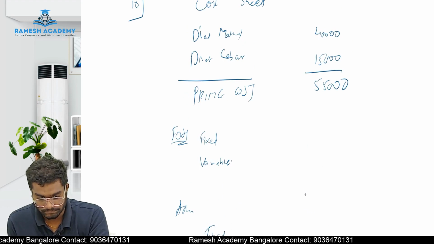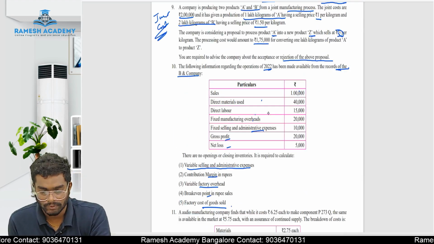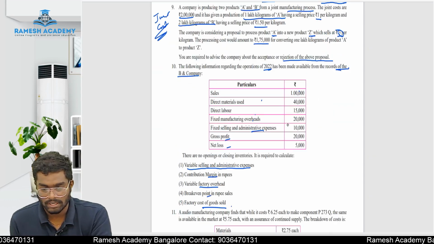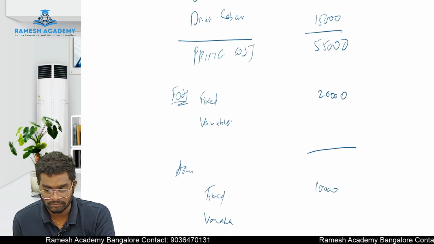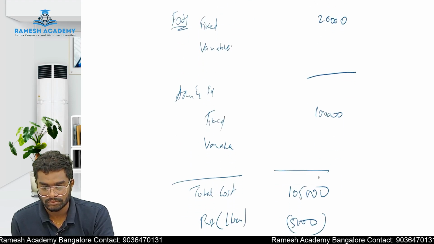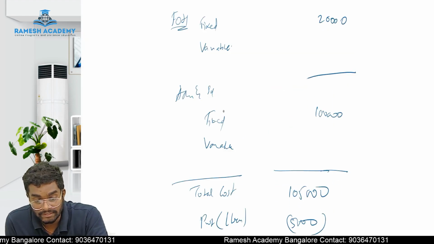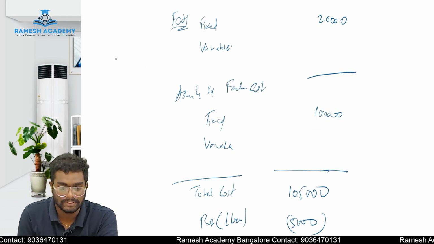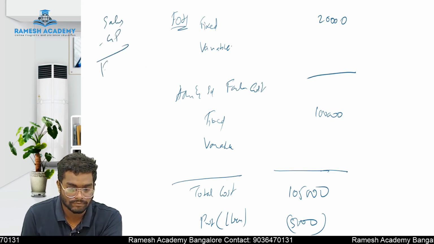Next, fixed manufacturing overhead is 20,000, and fixed selling and admin is 10,000. So we have a cost of 1,50,000. We can find the factory cost with the help of GP. Sales minus GP will give you factory cost.